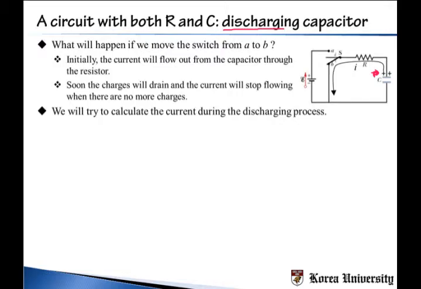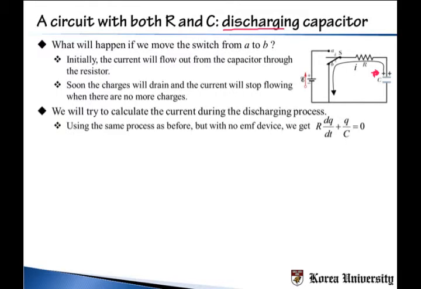So we will try to calculate using mathematical equations. And in fact, we have already used a loop rule in the previous slide. Compared to the case of the previous slide, it's actually the same here, except that we have no EMF device, right? Previously, we had the EMF device and then the resistor and a capacitor, but here we simply have no EMF device.